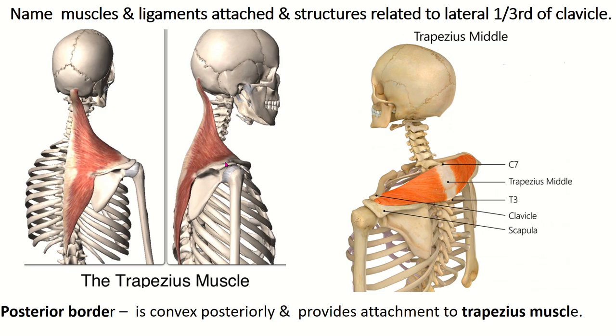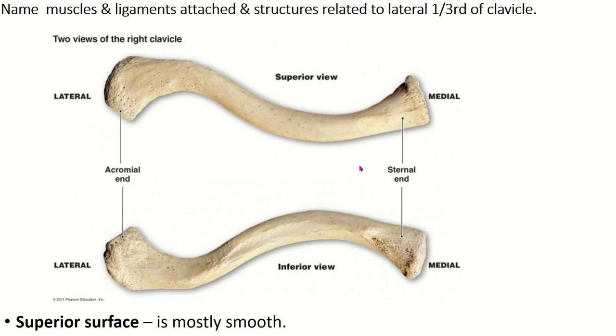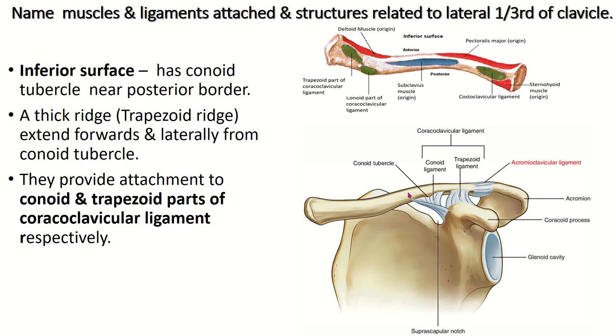This is the trapezius muscle. The ligaments related with the clavicle, I already discussed: the coracoclavicular ligament, conoid part and trapezoid part.